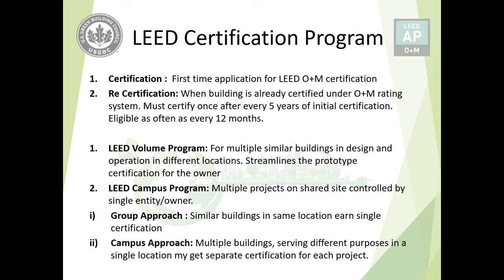The LEED campus program covers multiple projects on a shared site controlled by a single entity or owner. This is one of the categories. Then you have two approaches, group approach or campus approach. In the group approach you have multiple buildings but one certification. In the campus approach, you have multiple buildings serving different purposes, and each building is going to earn a separate certification for itself.